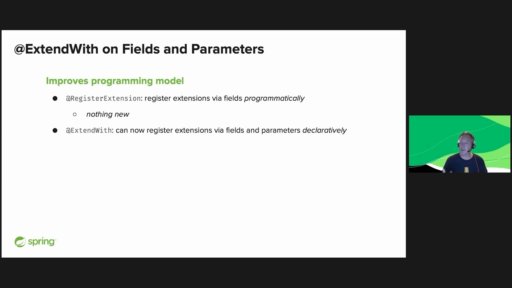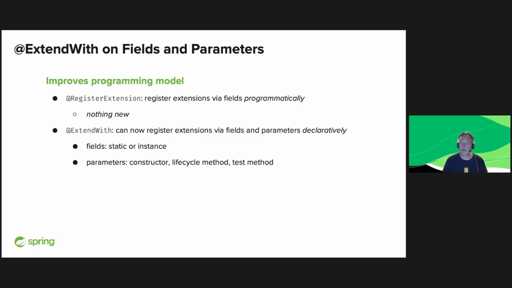So @ExtendWith just specifies the class of the extension to be registered, whereas @RegisterExtension needs an instance of the extension provided by you. So on fields, @ExtendWith can now be used on either static fields or instance fields.